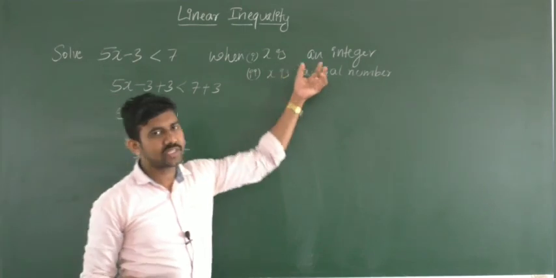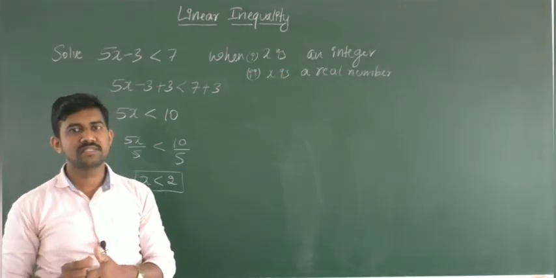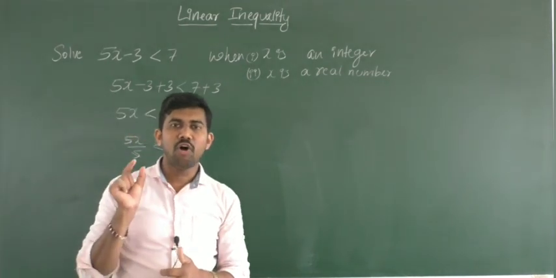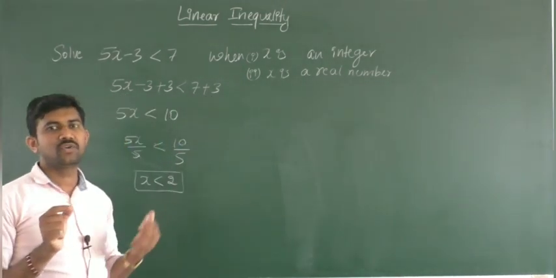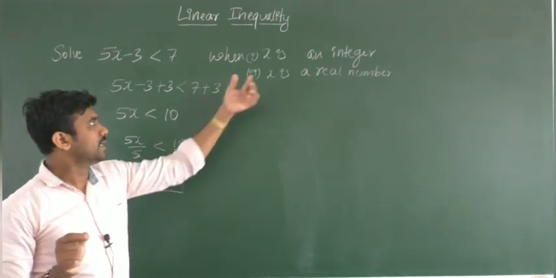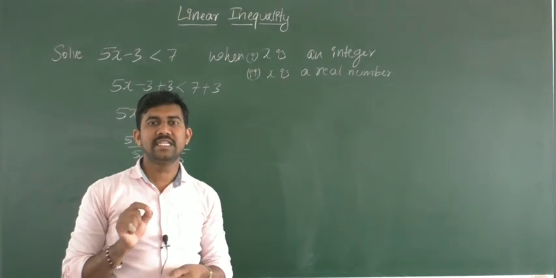Now in both cases we need to find the solution set. Solution set means the set of all values of x which make the given statement true. That we need to find in both cases. In the first case, x is an integer.